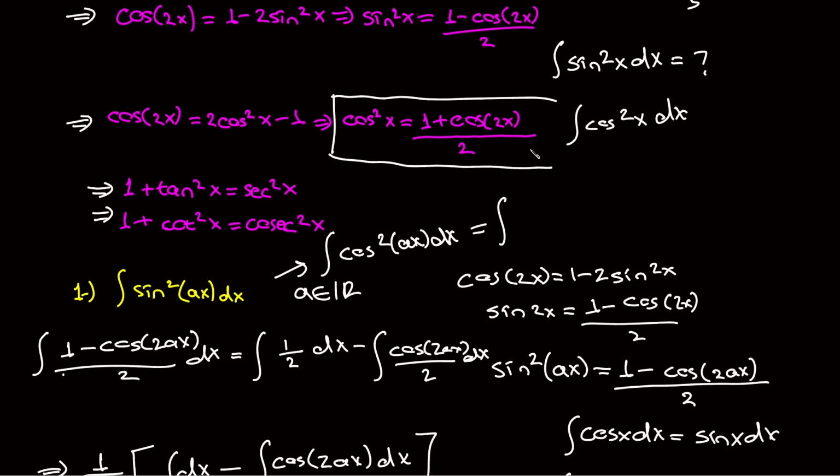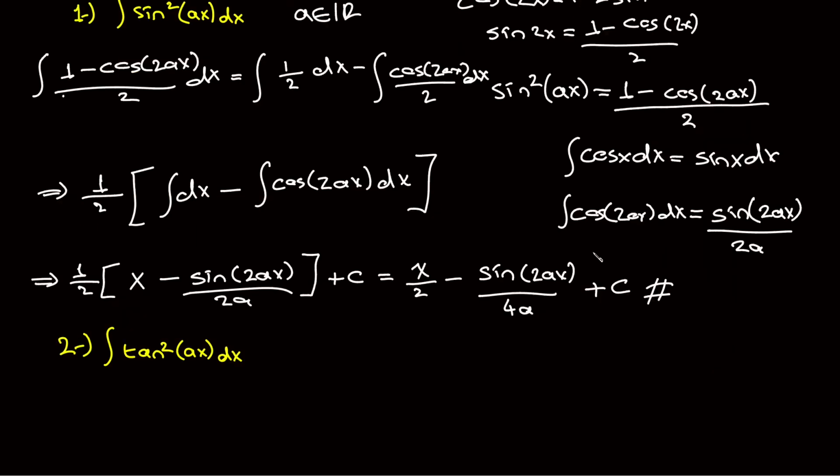This is me trying to show you how to derive the formula. This is going to be (1 plus cosine of 2ax) over 2 dx. You just need to do the same thing. You need to separate this into two different integrals and solve it from there.